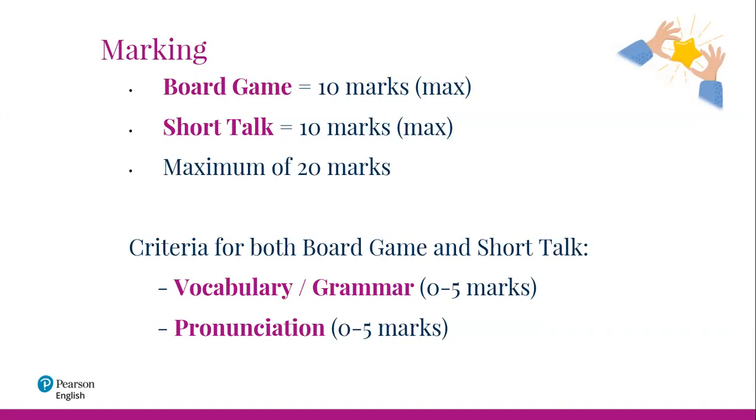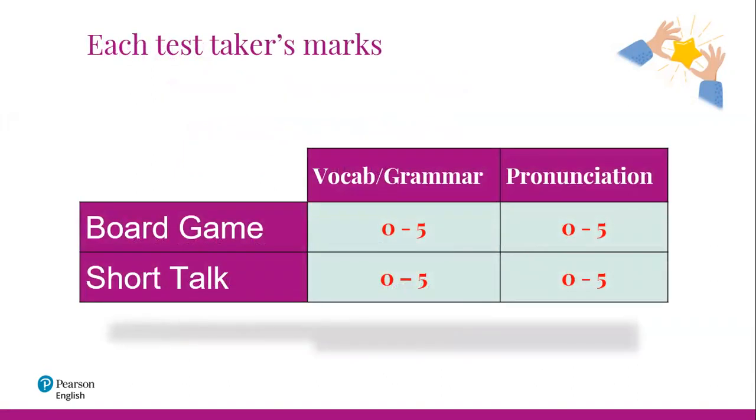So altogether, after the oral exam, each test taker gets 4 marks. You complete the oral mark sheet with 4 marks. So there is board game marks, and this is the criterion vocabulary and grammar, and then the criterion pronunciation, and also short talk, and the same criteria, vocabulary and grammar and pronunciation.